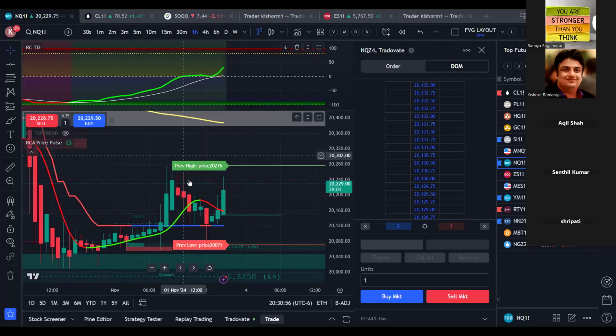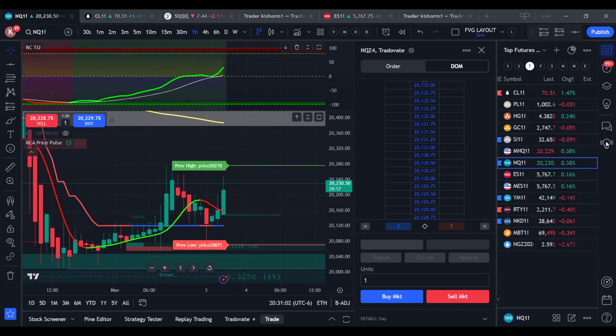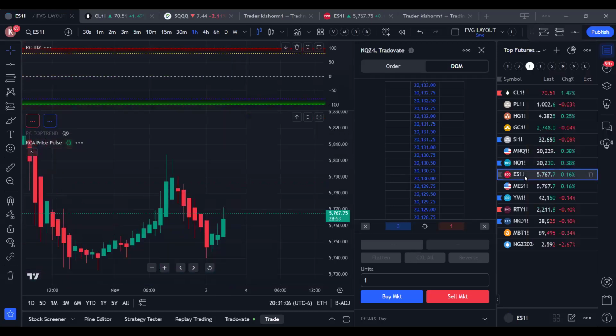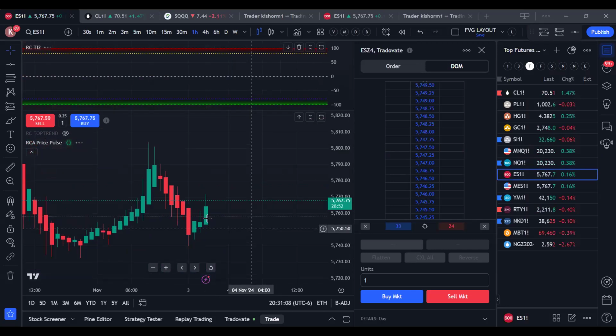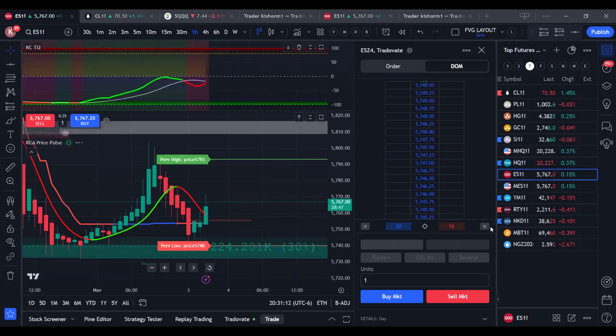So step number one, identify the previous high and previous low. If you go to price pulse, it will show you the price. If I go to ES, it will show the price. It is telling 57.40 is the lowest price, 57.93 is the highest price.